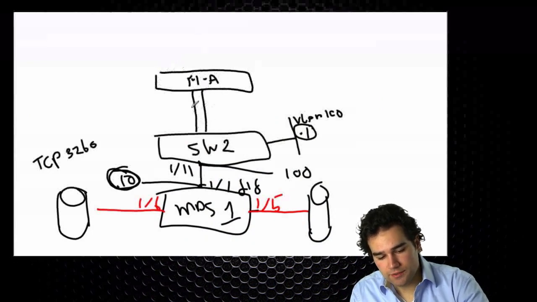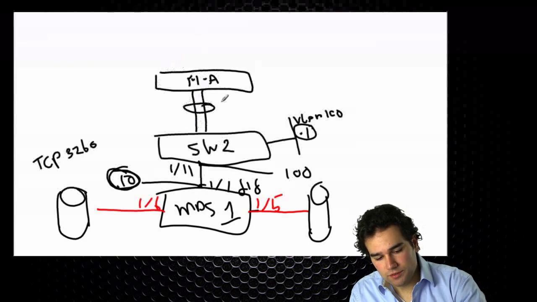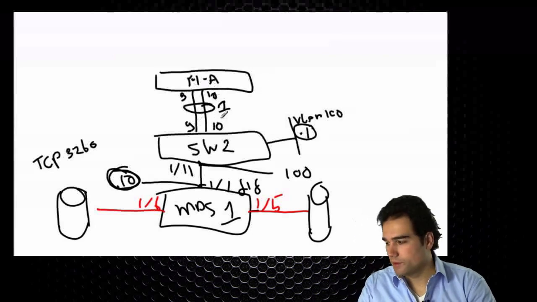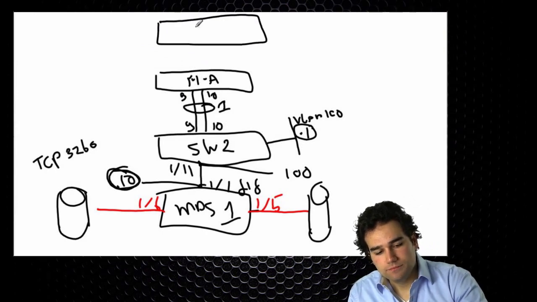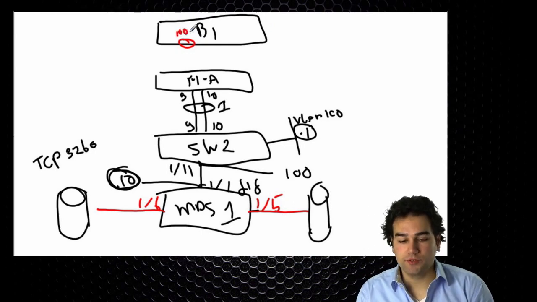Remember, our nexus here will configure a port channel 1. This is going to be on port 9 and 10, and this is going to be on port 9 and 10 as well. I'm going to create VLAN 100 on the Fabric Interconnect, and behind here I will have my blade, and my blade will have a VNIC for VLAN 100, just to run iSCSI.